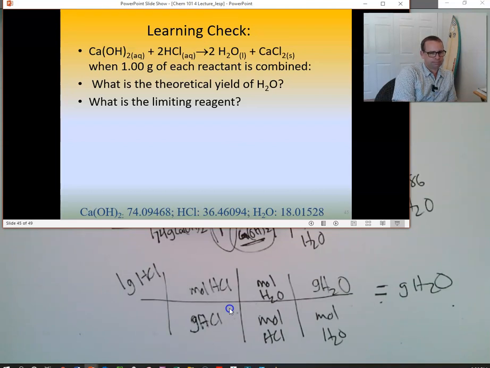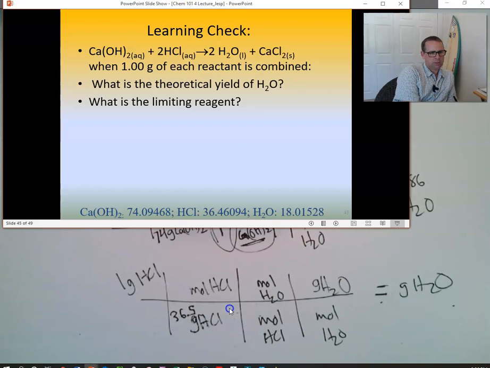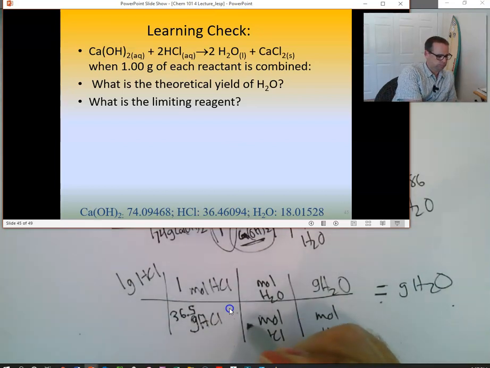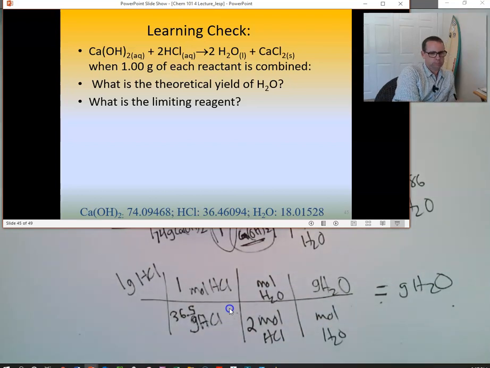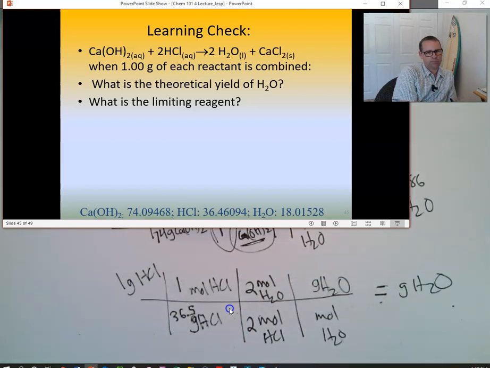Okay, so we look down below and HCl is 36.5 about. And then 1 mole of HCl. Where do I get this ratio, the moles of HCl to moles of water? From the equation. So we have 2 HCl, and then we have 2 of water.